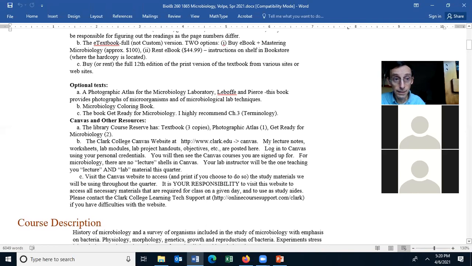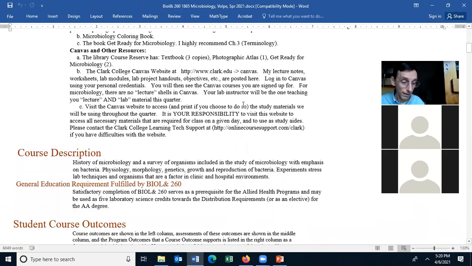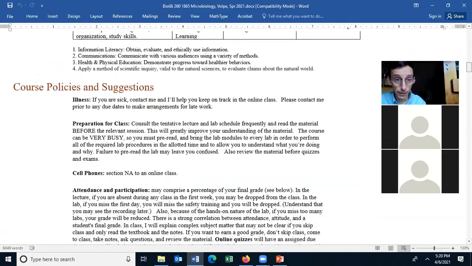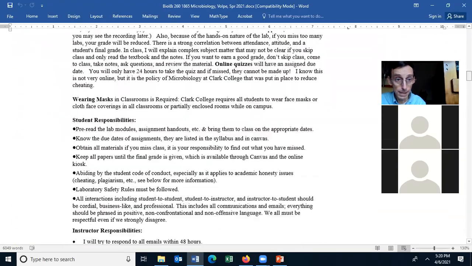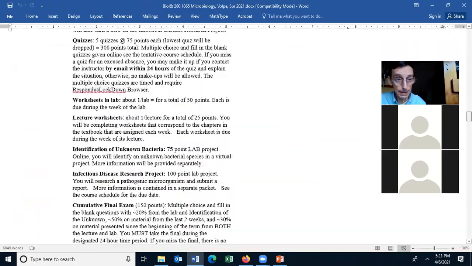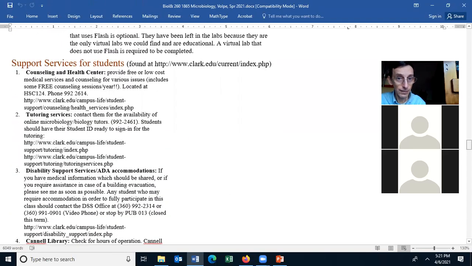I should make a note, I've got this later, but since I thought of it, there is online tutoring, and I've got a link to it. There is personal tutoring too, but I'm not sure where that is. There it is. Support for students. I don't know why that's so truncated. That should be wider.